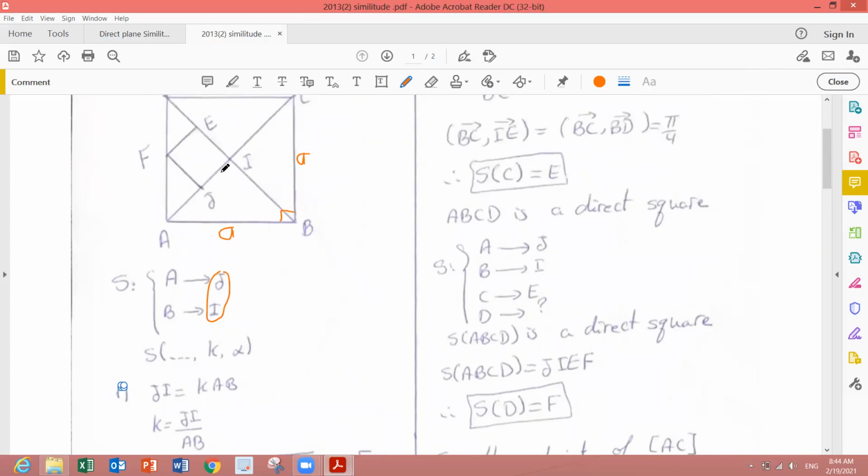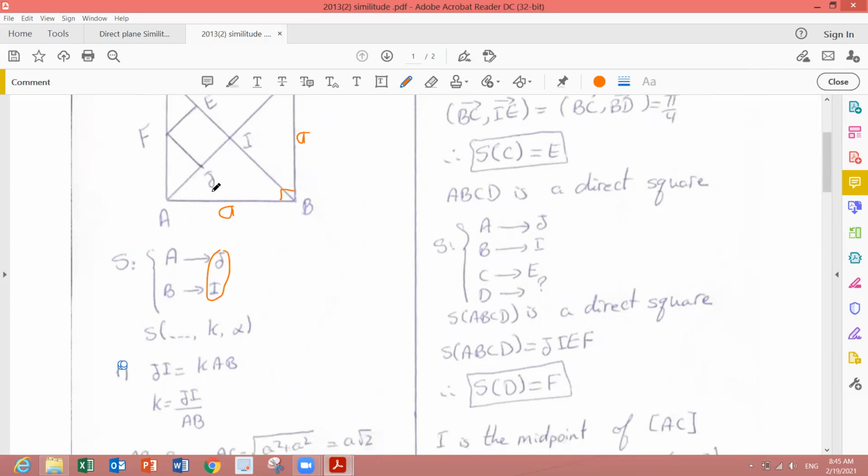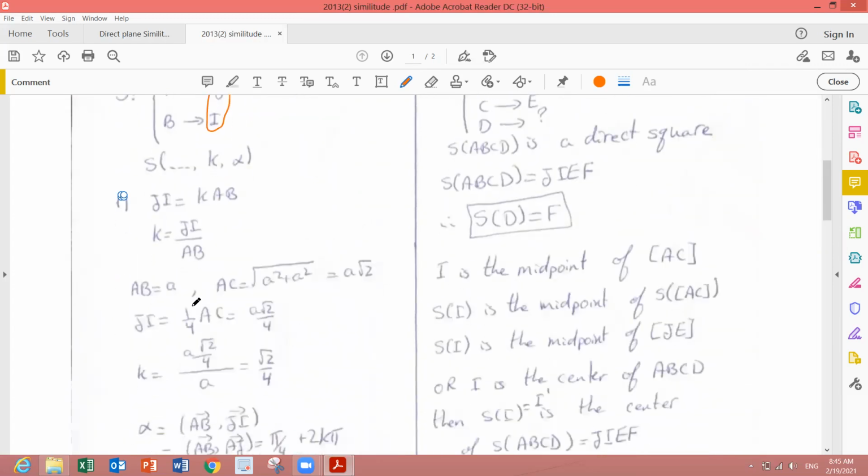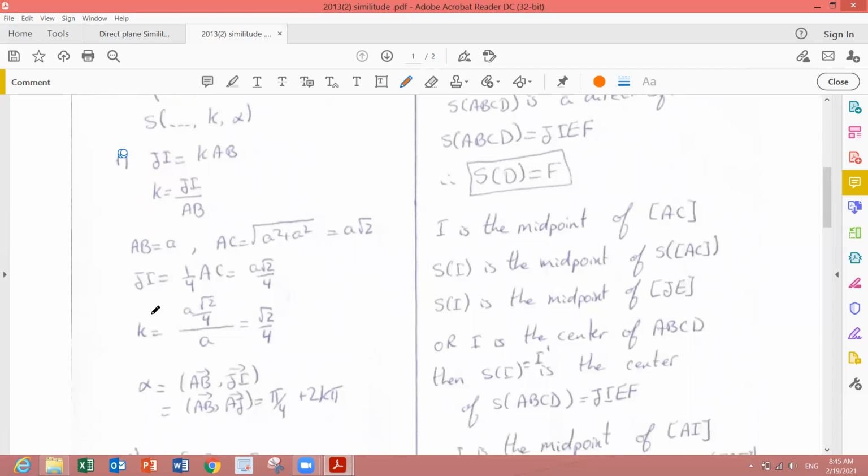Now IJ equals 1/4 of AC. AI is half AC, and IJ is half AI, so IJ equals 1/4 of AC. So it is A radical 2 over 4. Then K equals JI over AB, A radical 2 over 4 over A. A and A are simplified.